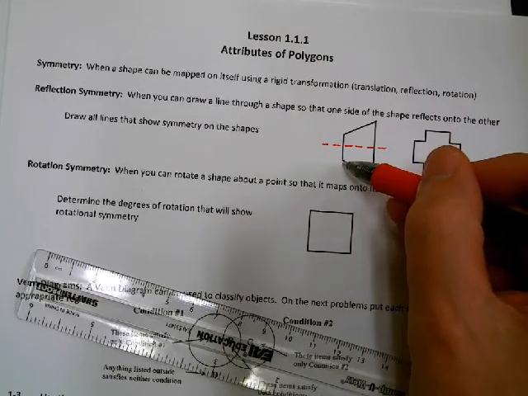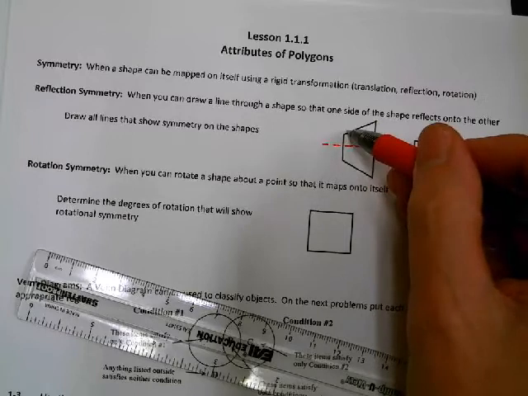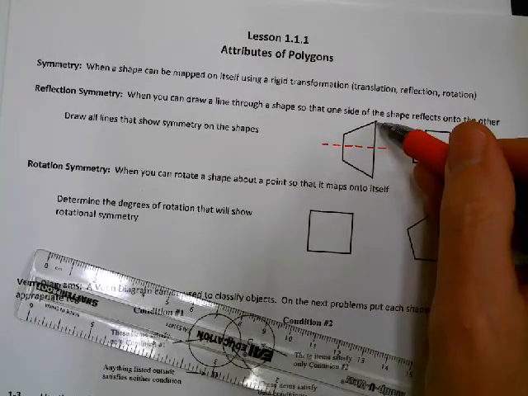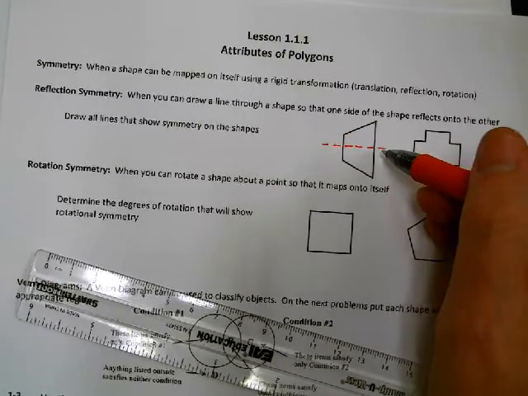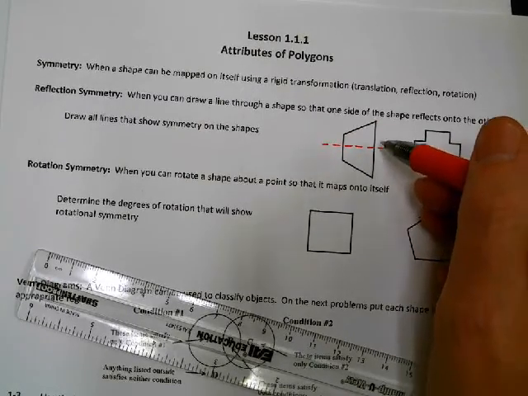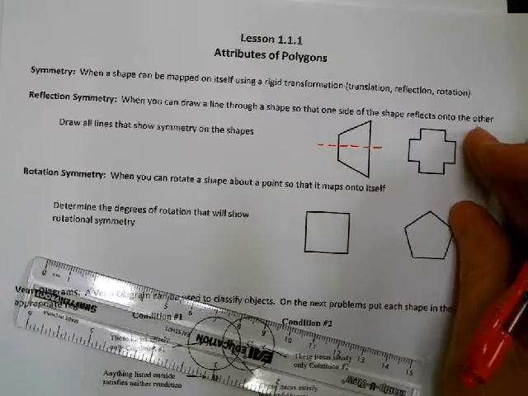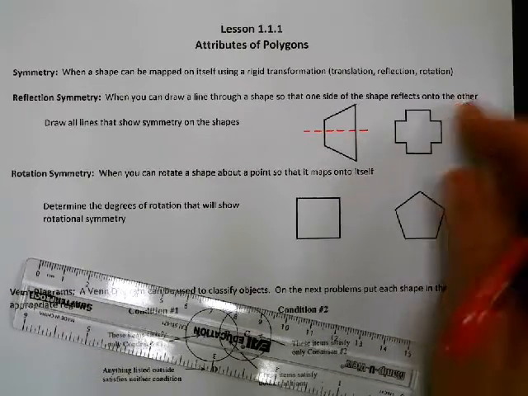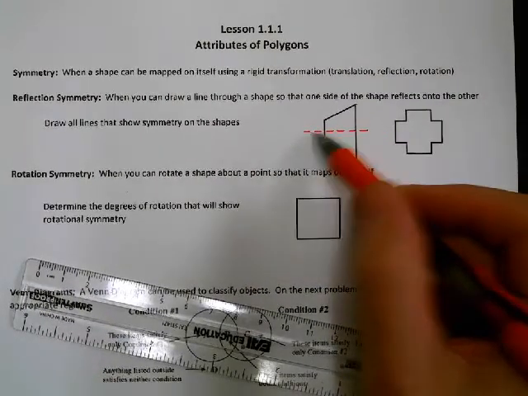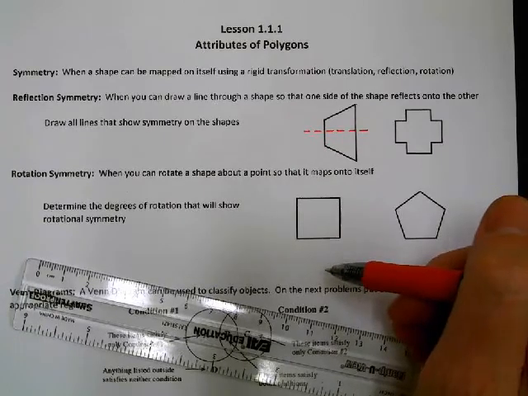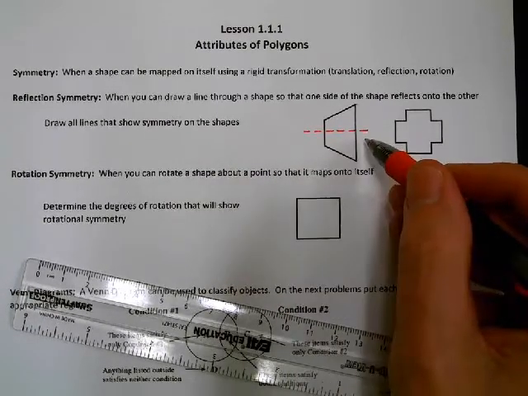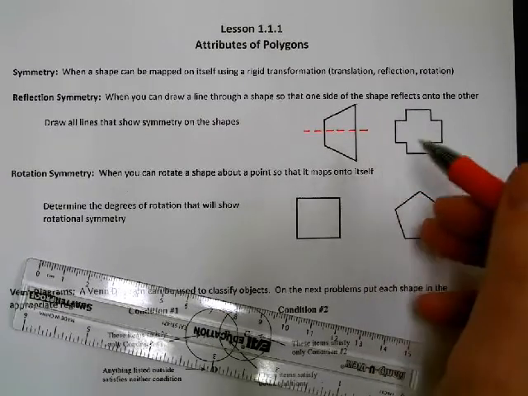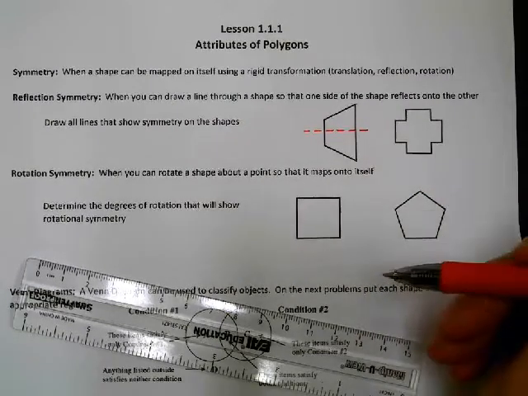If I reflected it, this point would move over to this spot, and this point would move over to this spot. Basically, I'd just be spinning it around that line, and it would be the exact same shape. So that's called reflectional symmetry, because it's going to be the same shape if I fold it across that line.